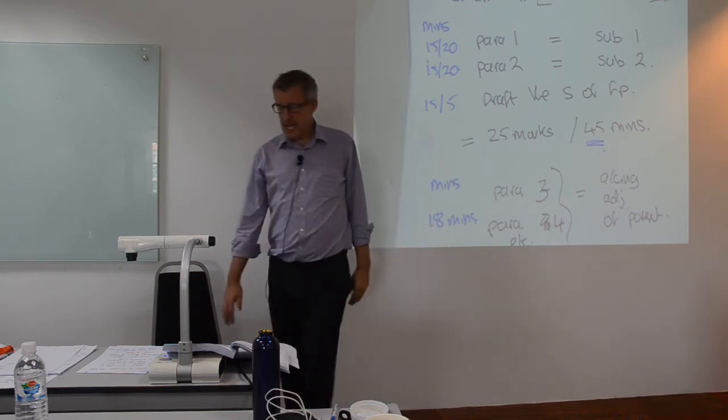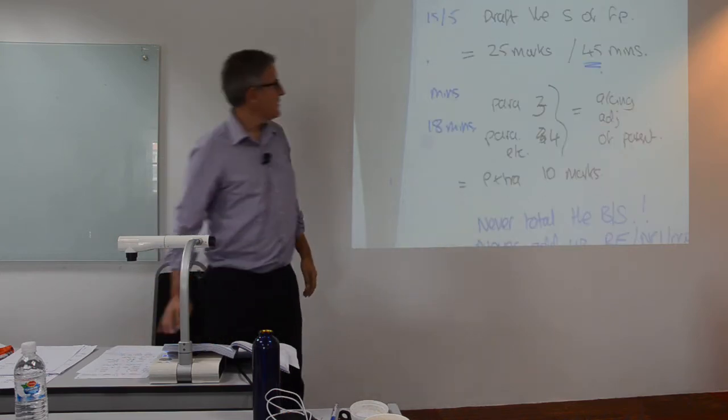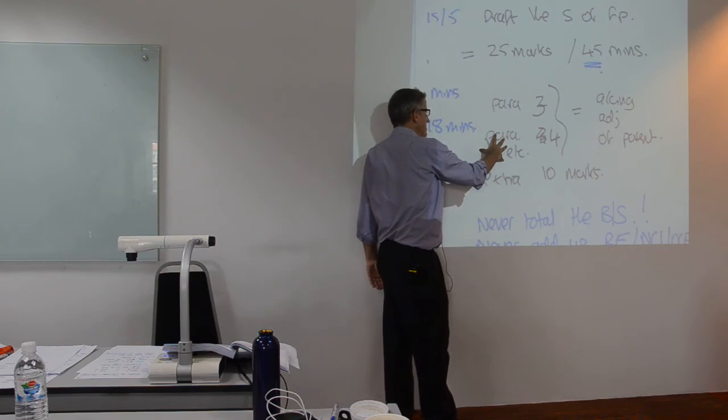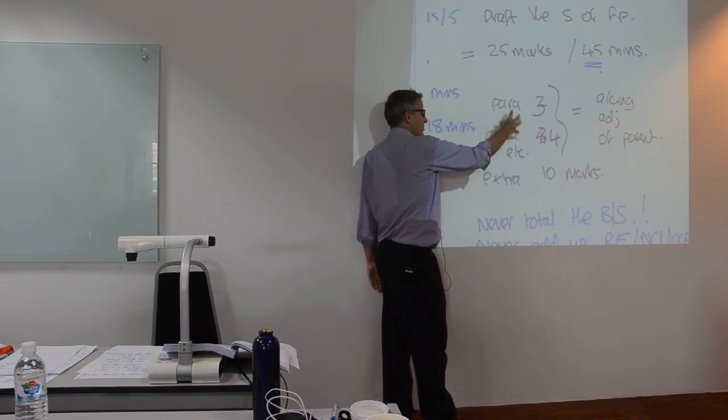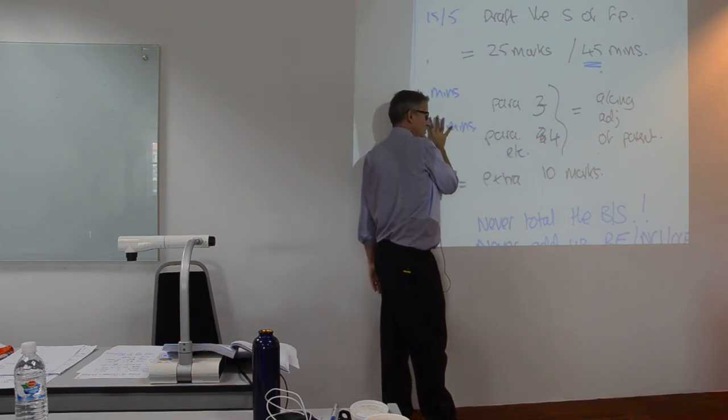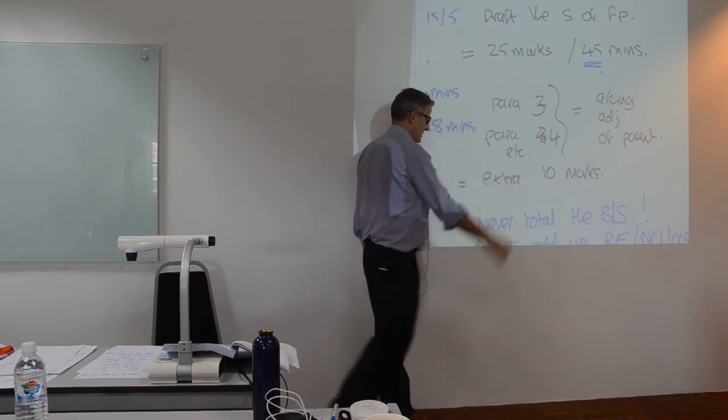What we then said is there are other paragraphs of information which contain accounting issues, and these will be worth approximately 10 marks, and you should devote some time to trying to sort them out. They are an extra 18 minutes.